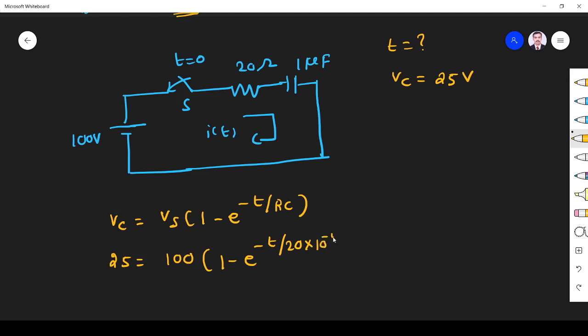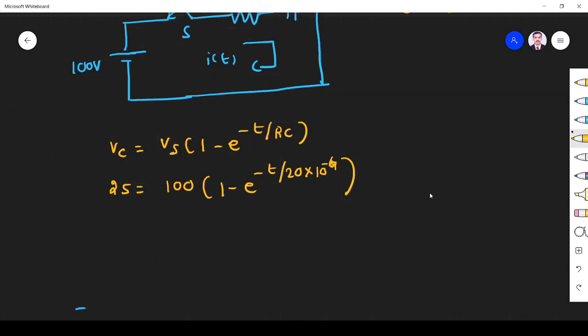C is 10 power minus 6. Fine. So this is what they have given, right? If you simplify, it will become 25 into 100 (1 minus e power minus 5000 t).